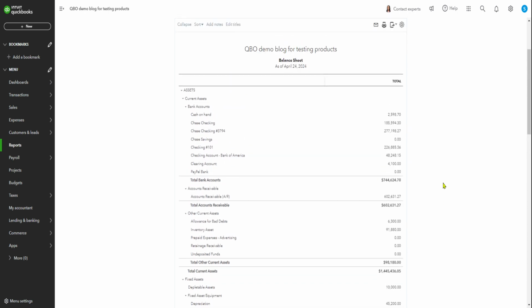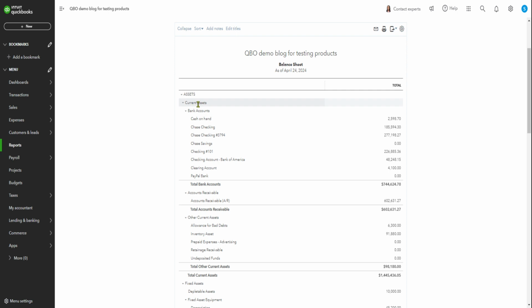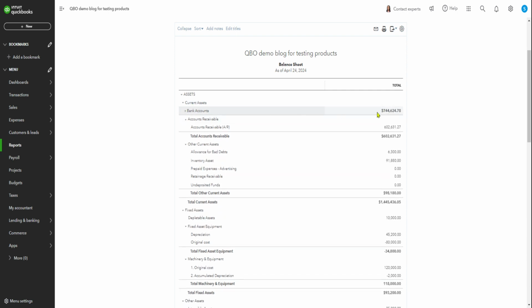So it's the current assets in here. There's a bank account. The bank account has 744,000, and then you have accounts receivable, 602,000. It's basically this plus this.